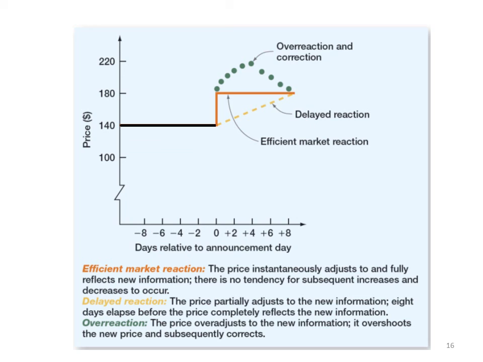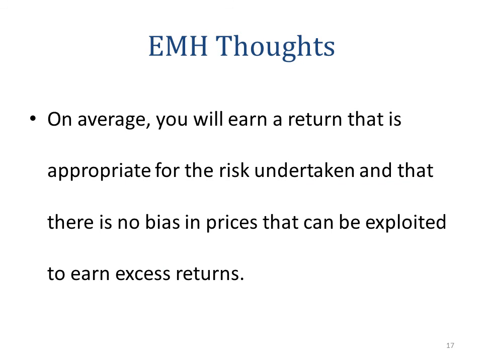When the price hasn't yet made it to the equilibrium price, people are buying and selling. And then efficiency happens. So on average, you will earn a return that is appropriate for the risk undertaken, and there is no bias in prices that can be exploited to earn excess return.